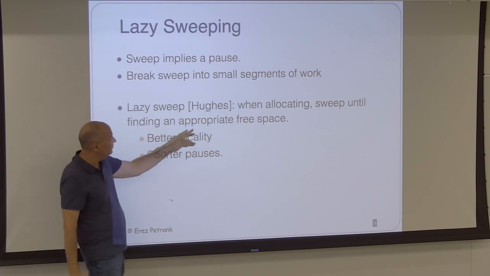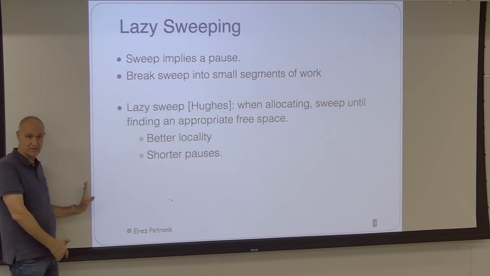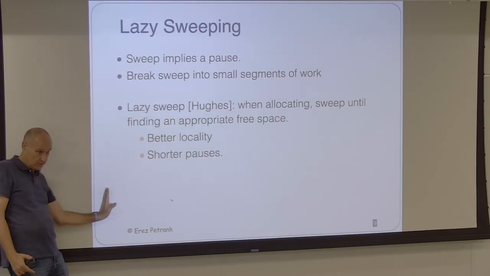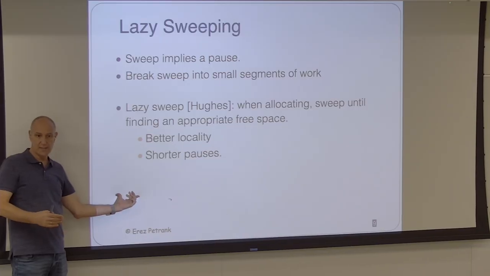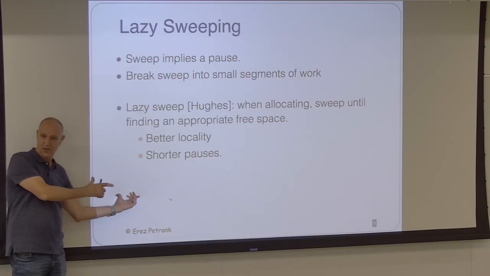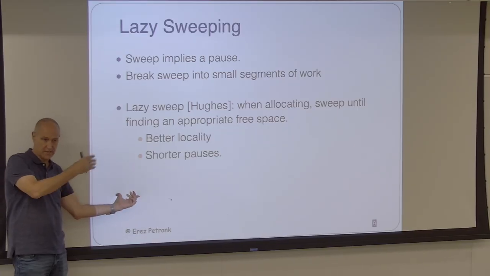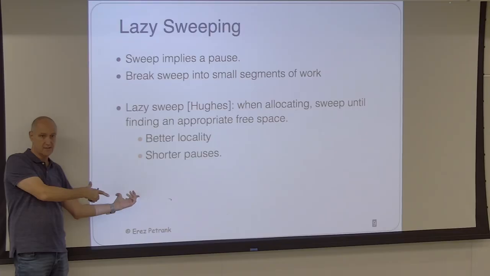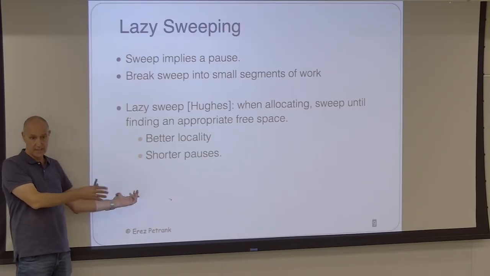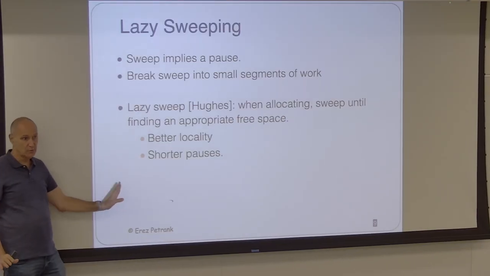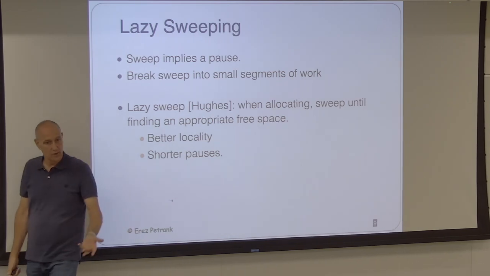So whenever you want to allocate, you sweep through the heap or through the mark bit table, however you do the sweep, until you find free space to allocate from. Until you find a long enough space, you do the work of the sweep. You just release spaces. When you find a large enough space to allocate from, you just allocate, and then you stop sweeping. The next allocation will go on looking for its space, and it will go on sweeping.